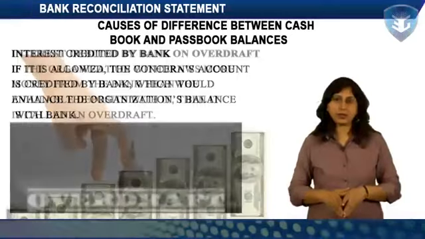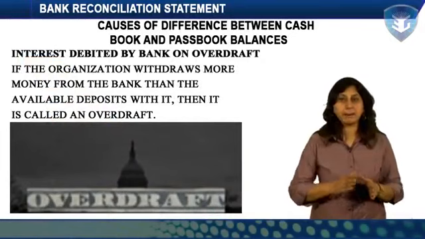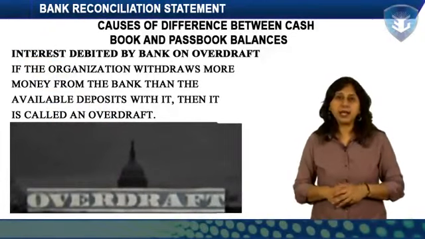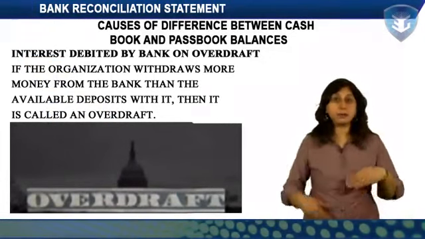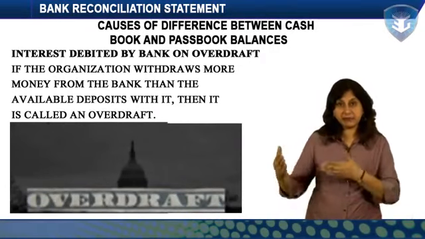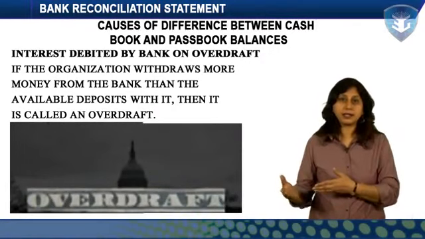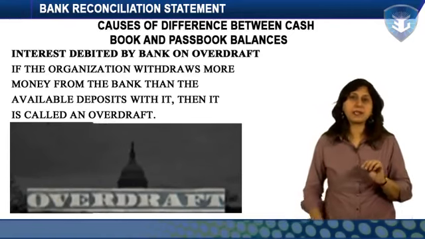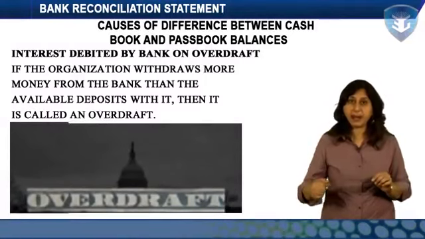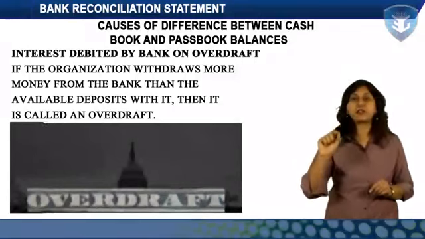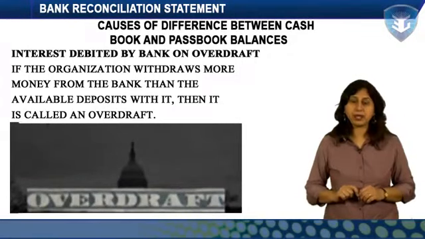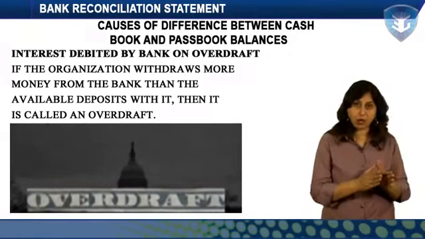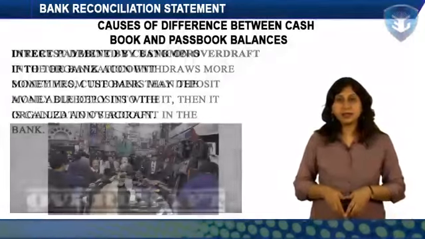Interest debited by bank on overdraft. If the organization withdraws more money from the bank than the available deposits with it, then it is called an overdraft. Overdraft facility is permitted to the party by the bank only when it fulfills certain conditions. The bank charges interest on overdrawn balances.